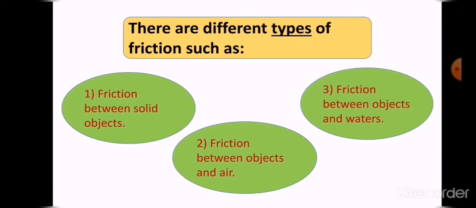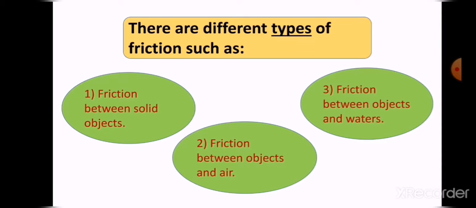Number two, friction between objects and air, like when any object moves in the air, when you run in the air. This is the friction between objects and air. And number three, the friction between objects and water, like when a fish swims in the water.